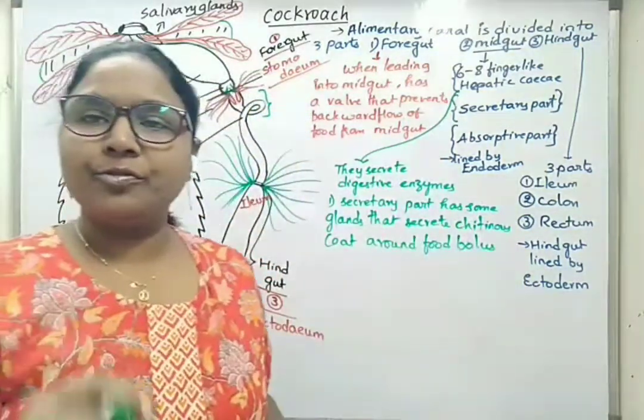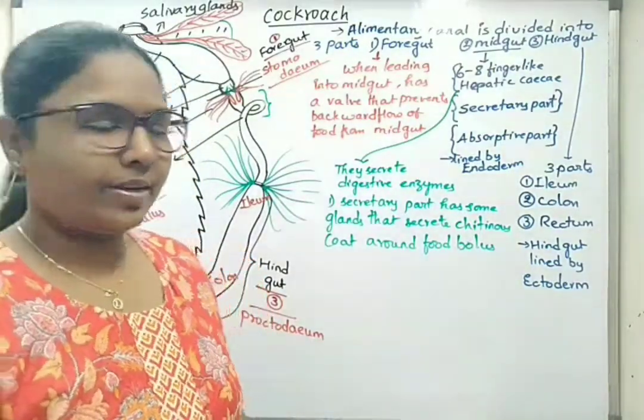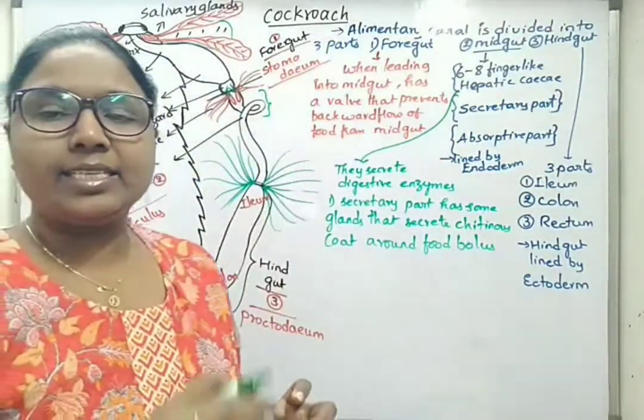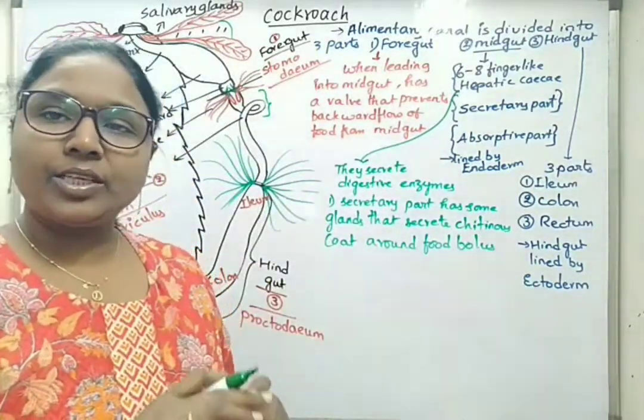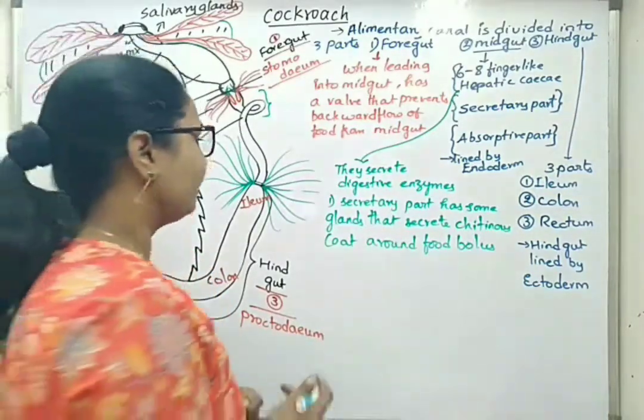Bolus means the food that is masticated and chewed inside the mouth, mixed with saliva. The anterior part of the midgut secretes some porous chitinous structure around that bolus. Then it is called the peritrophous membrane.